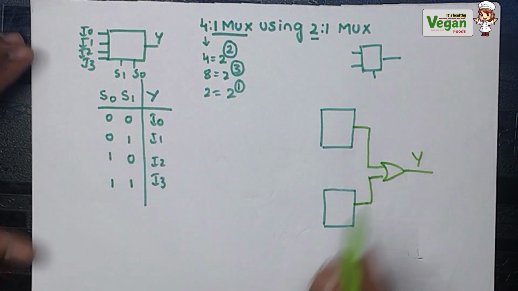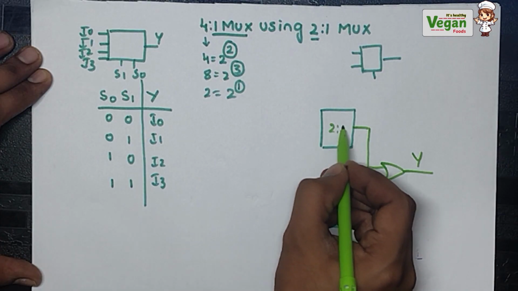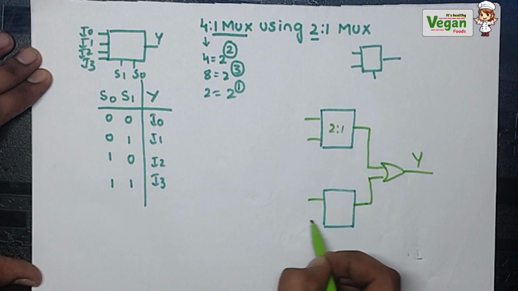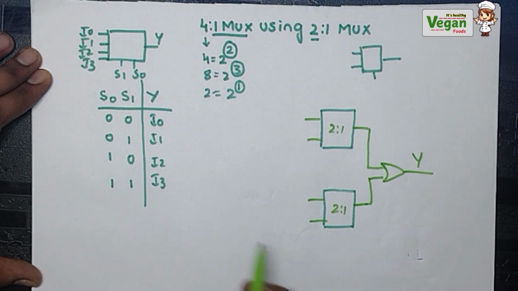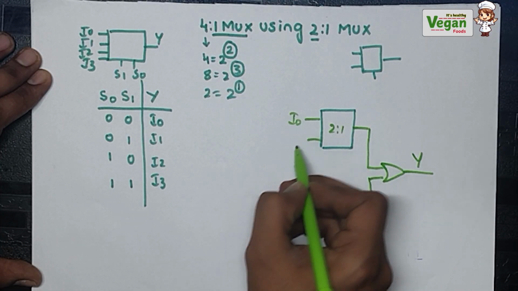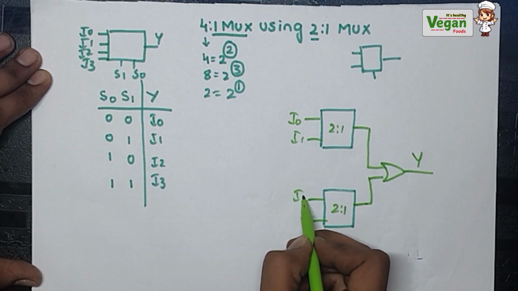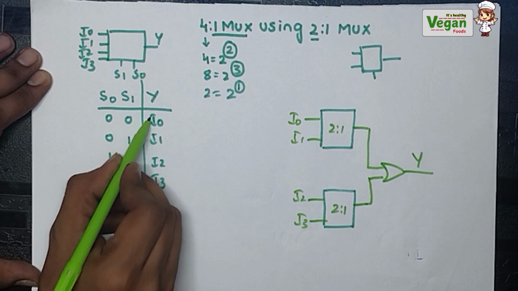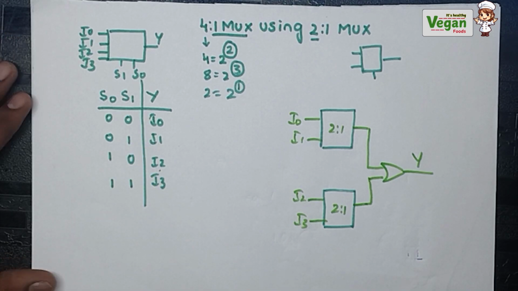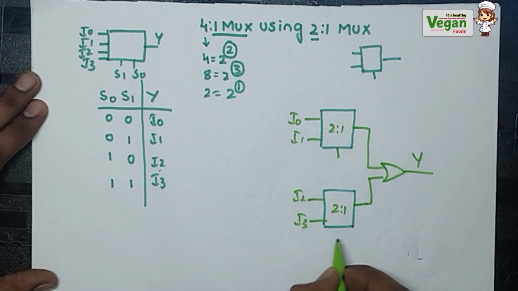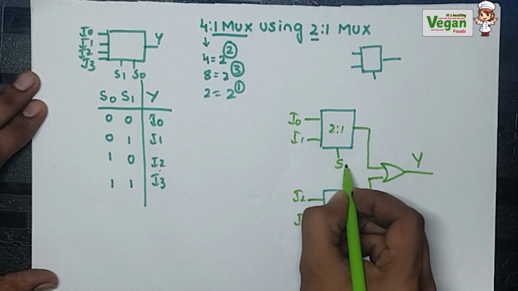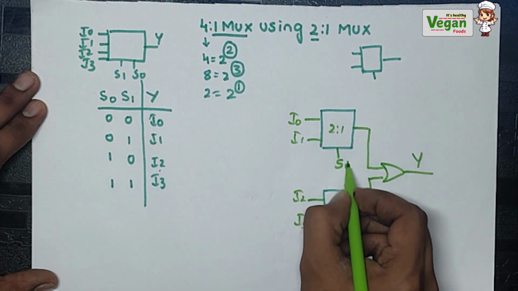How will we represent them? This 2:1 mux will have 2 inputs and this 2:1 mux will have 2 inputs. I will call them I0, I1, I2, I3. Now, the selective lines. Each 2:1 mux will have one selective line. I will call it S1.